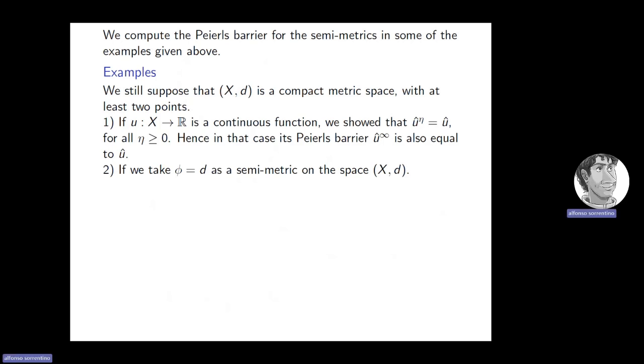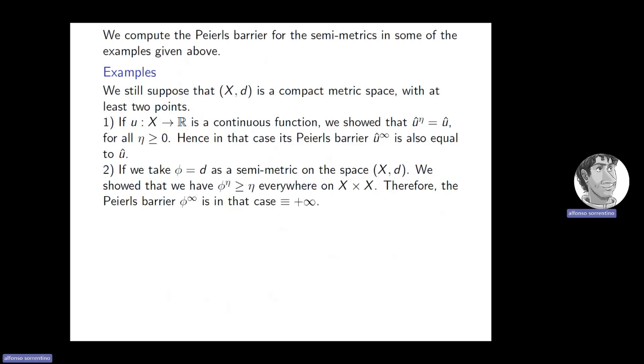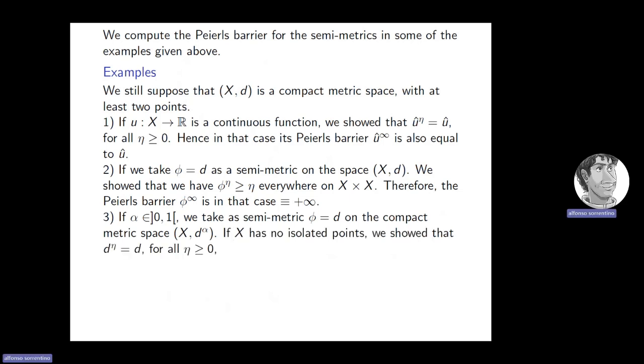If we take phi equal d, we have shown that phi eta is larger than eta everywhere, so the pairs barrier is plus infinity, identically. If we take alpha in 0, 1, we show that d eta equals d if x has no isolated point.